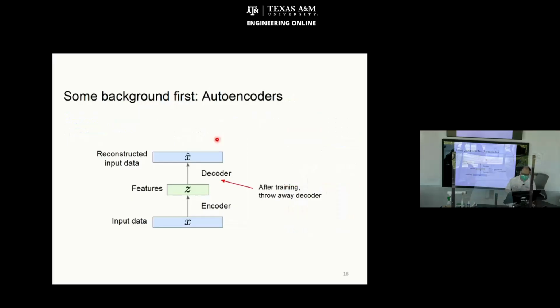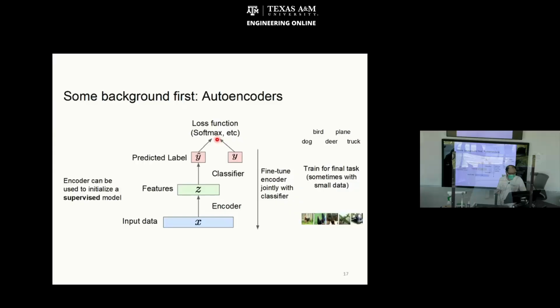It's unsupervised learning, okay? After you're done, you can throw away the decoder and just use the encoder. Then you can feed the encoder's output to some predictions or classifiers, and fine-tune this encoder jointly with the classifier. We have learned this pre-training before, because in this sense this part is already pre-trained.